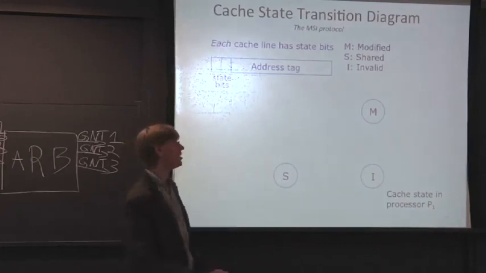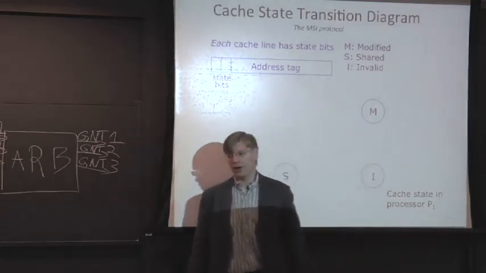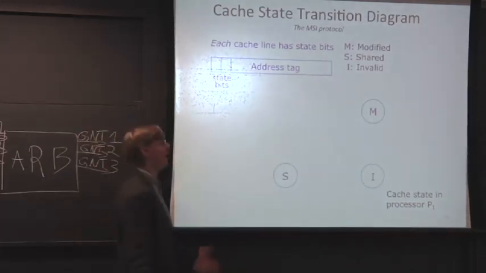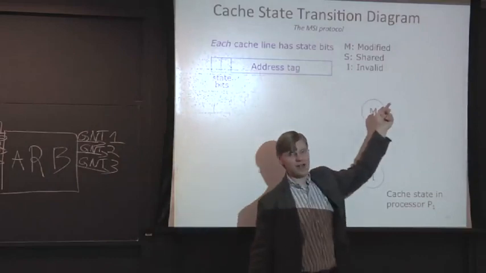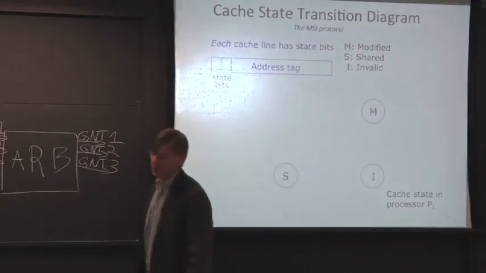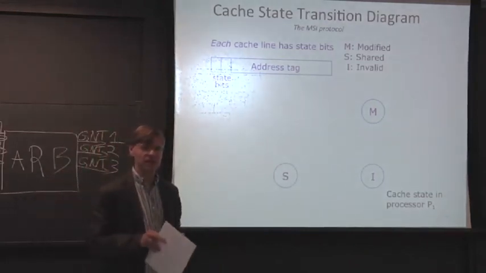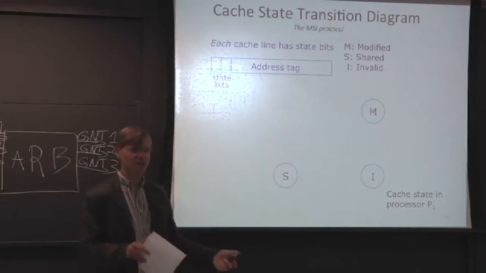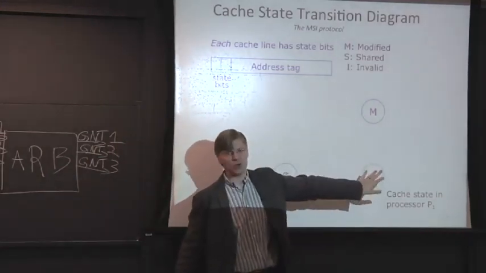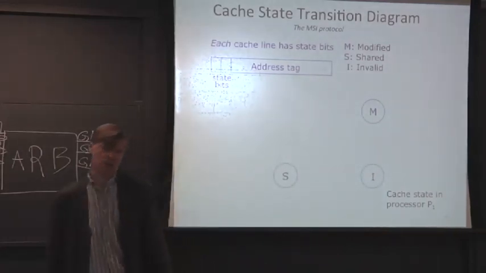So we're going to look at a protocol here that we're going to call the MSI protocol, which is named for the state names. We have M, which is modified, S, which is shared, and I, which is invalid. Invalid is basically whether the data is valid or not. If you're in the invalid state, it is invalid. If you are in any of the other states, the data is valid in your cache.